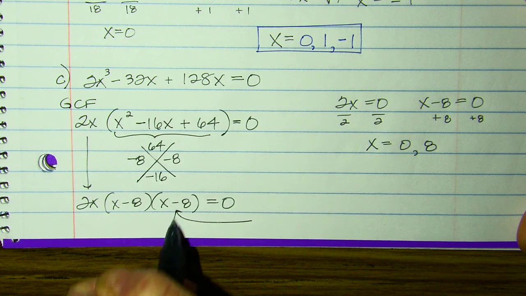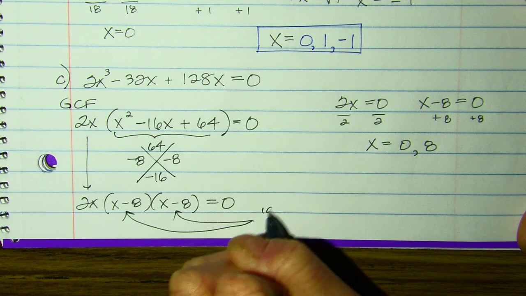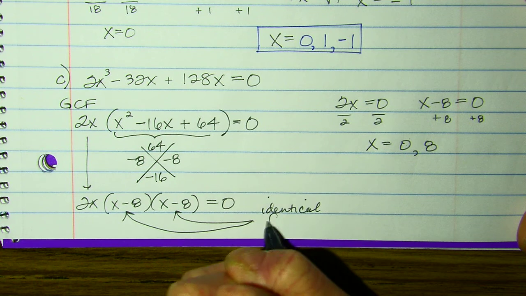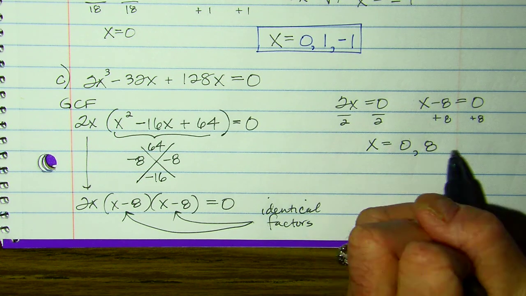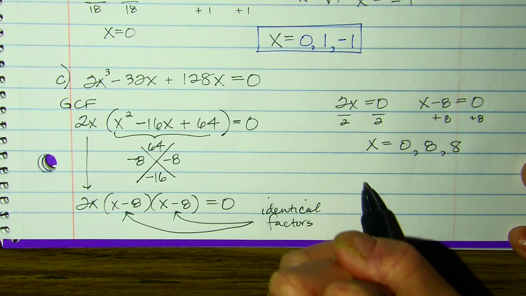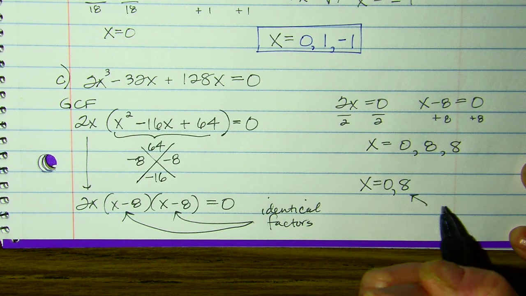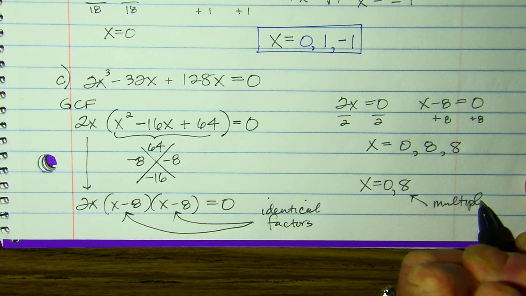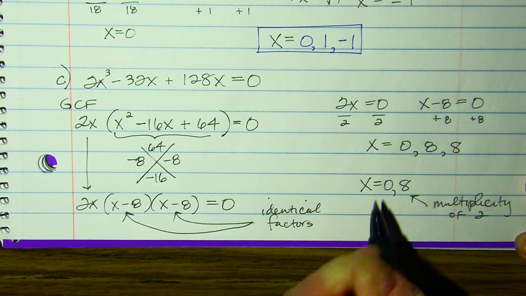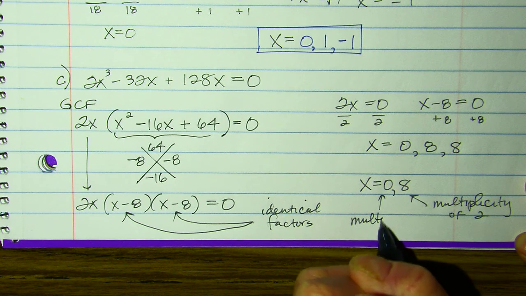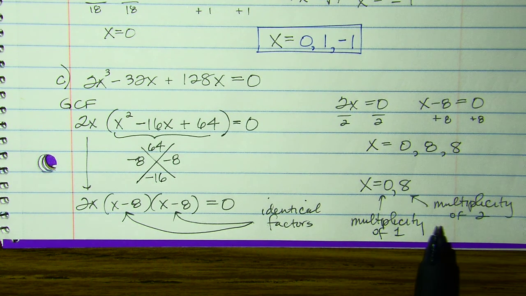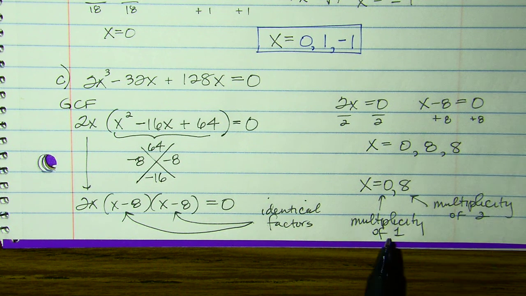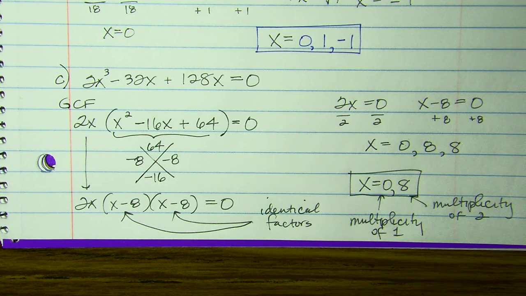But because of these 2 identical factors, technically positive 8 is a solution twice, but instead of writing it 2 times, you would say x equals 0 and 8, where 8 has a multiplicity of 2 and 0 has a multiplicity of 1. Meaning that there are 2 8s that are a solution, but there's only 1 0. I would just circle x equals 0 and 8, but 8 has a multiplicity of 2.